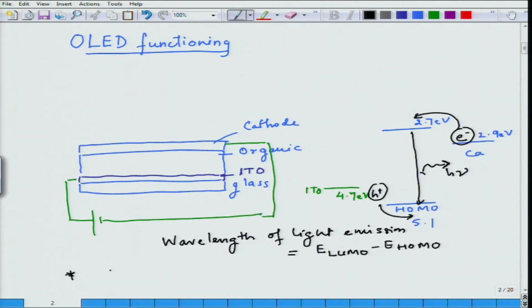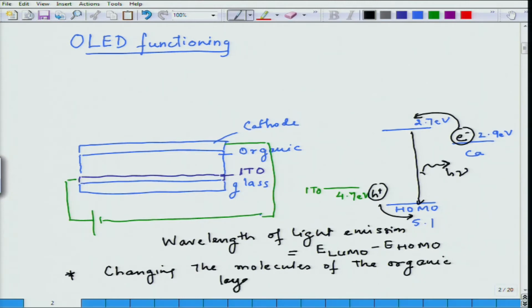So, by changing the molecules of the organic layer, one can get all colors from an OLED. And this is what is done in a display.